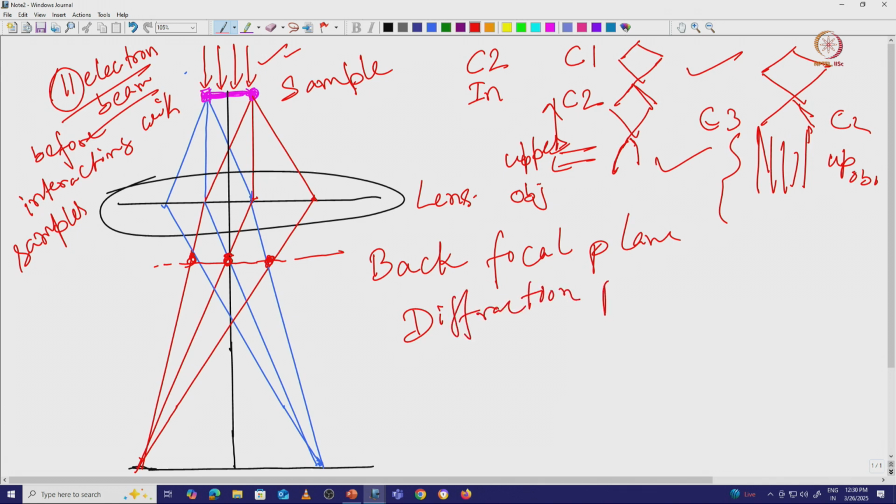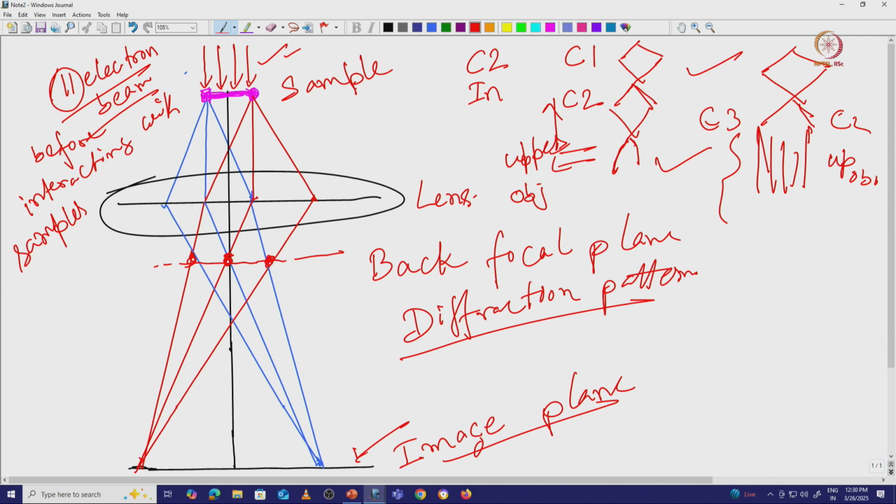So, the diffraction pattern we are recording in the back focal plane. How? I am coming to that. Now, this is called the imaging plane, where we are getting the image. If we have an object here, you can see this is the square, this is the circle, and this is the object, and the image is much bigger.